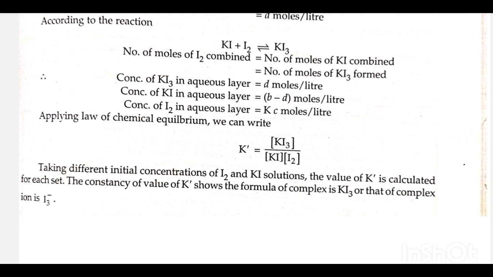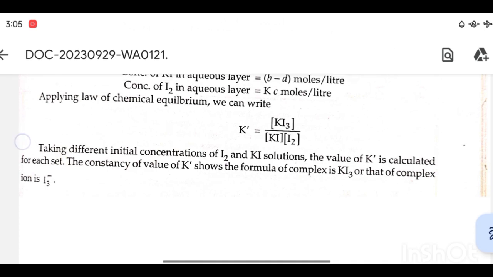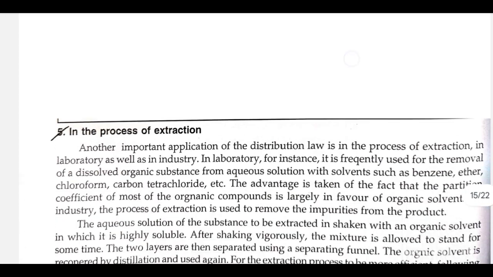Applying the law of chemical equilibrium, we can write K' equals [KI3] upon [KI][I2]. Taking different initial concentrations of iodine and KI solution, the value of K' is calculated for each set. The consistency of the value of K' shows the formula of the complex is KI3, and that of the complex ion is I3⁻.